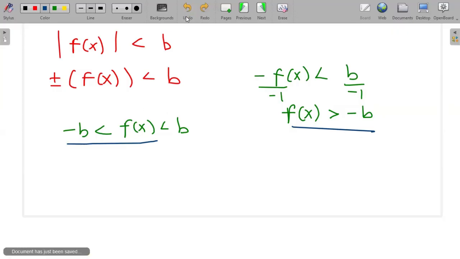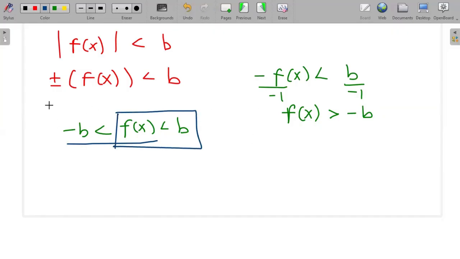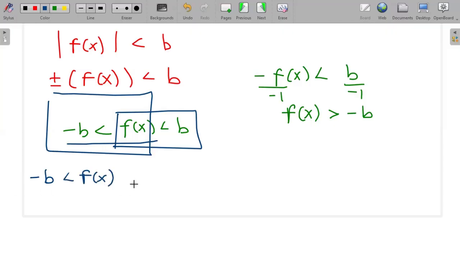So to find the answer to this, you first solve this part, minus b less than f of x, and then you solve the other part, f of x less than b. From this part you're going to get an answer, and from this part you're also going to get an answer.